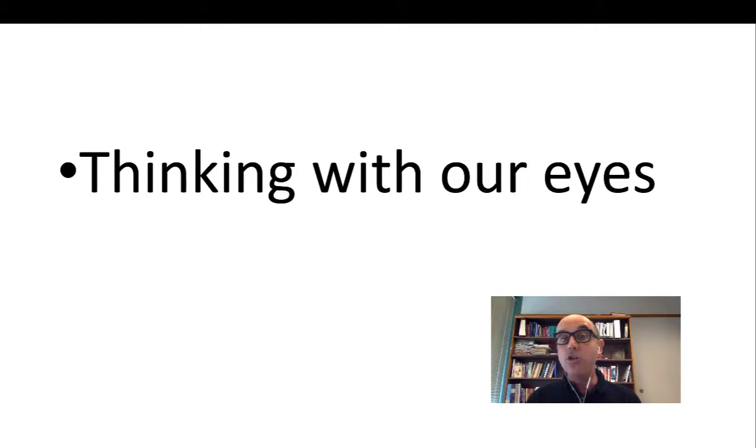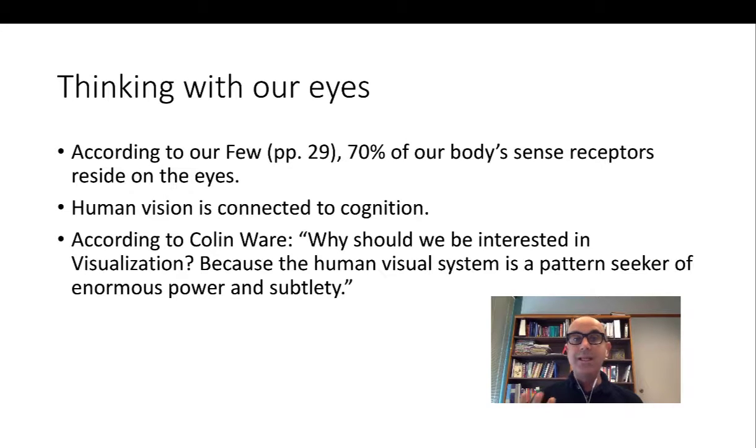I want to move on to the visualization aspect. In visualization, we are thinking with our eyes. What does it mean? According to our textbook, about 70% of our body sensors and our knowledge comes from the eyes.